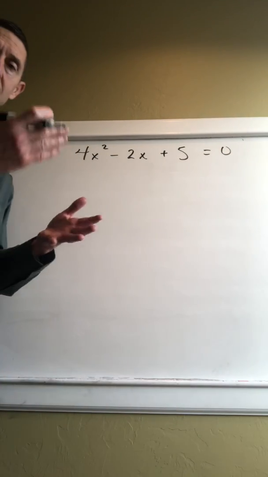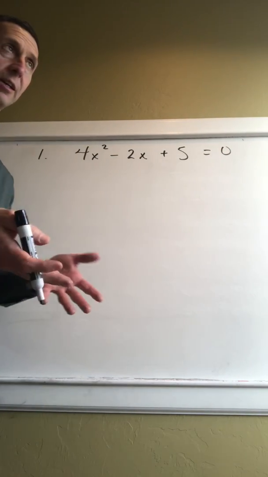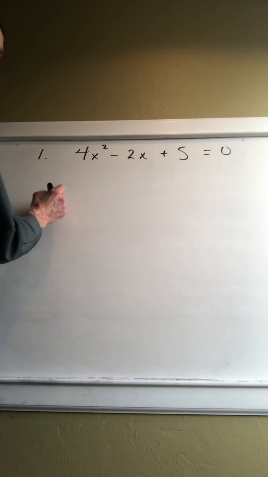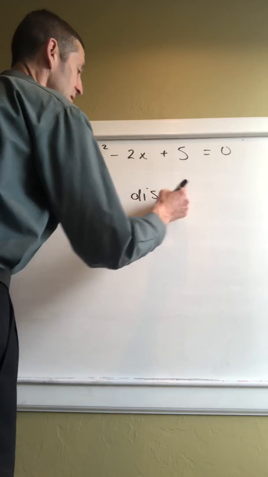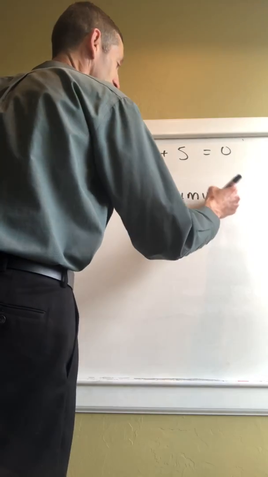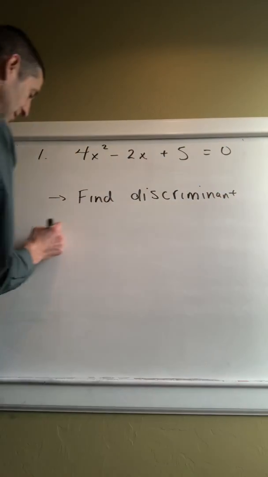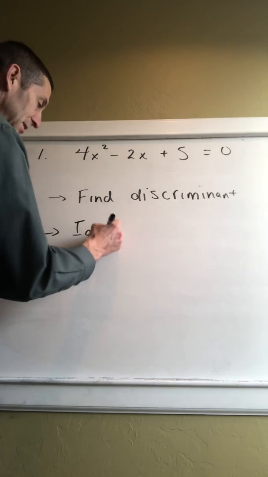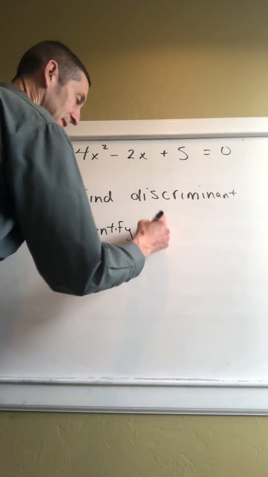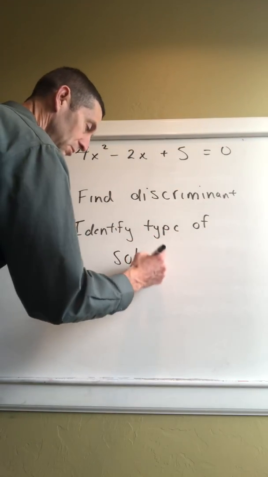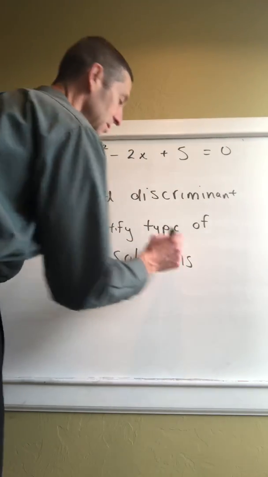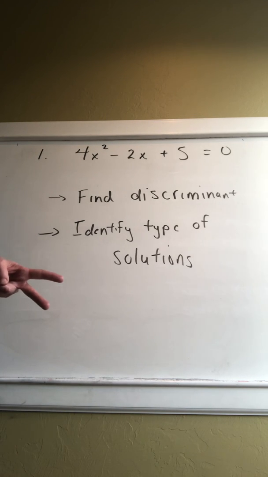But when the question says find the discriminant and then identify what type of solutions, you've got 2 directions. So these problems today are 2 parts.